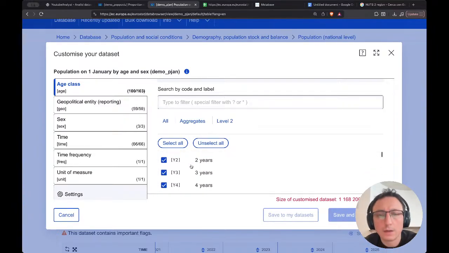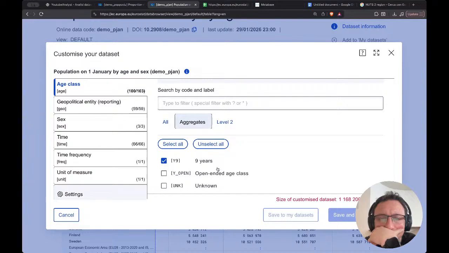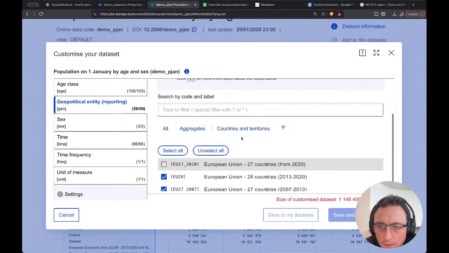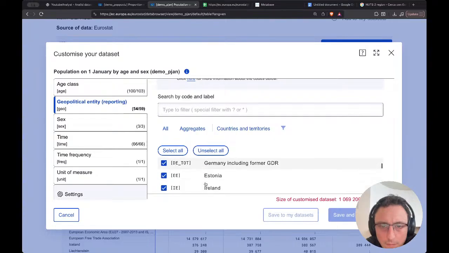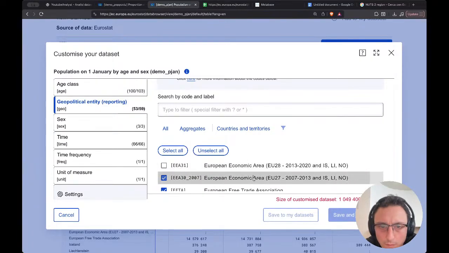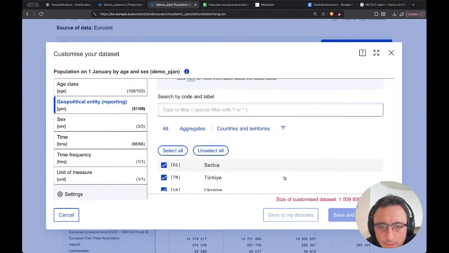Let's remove the total. Let's remove the aggregation. Because I need to arrive to a max of 750,000 cells.